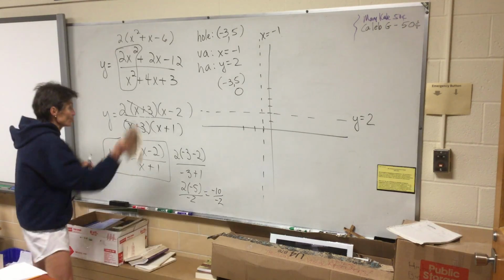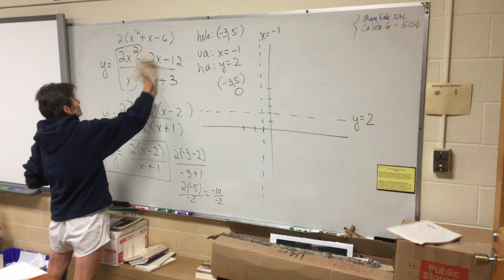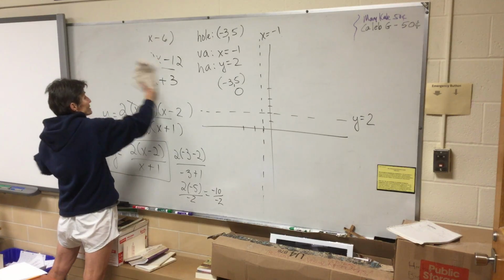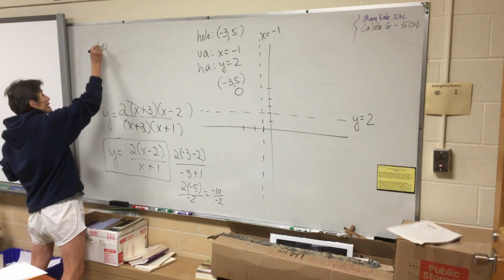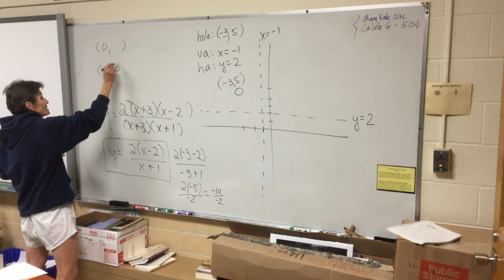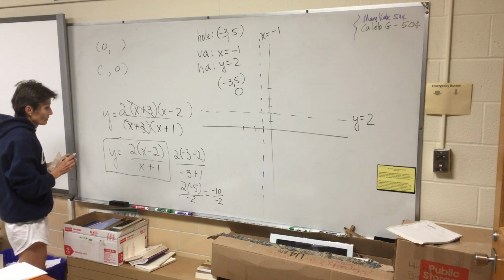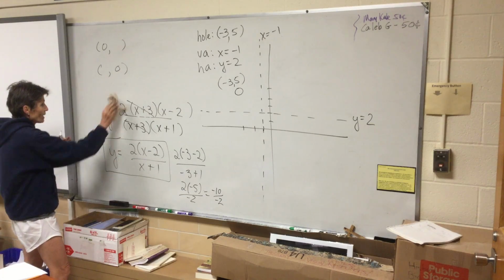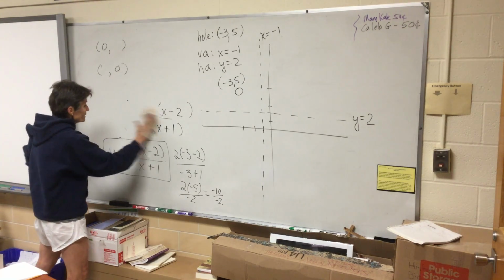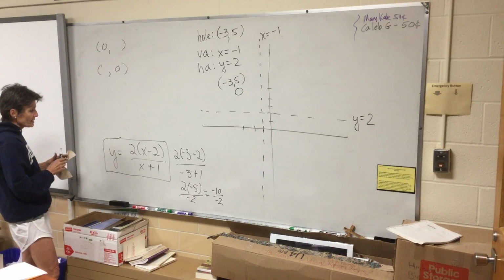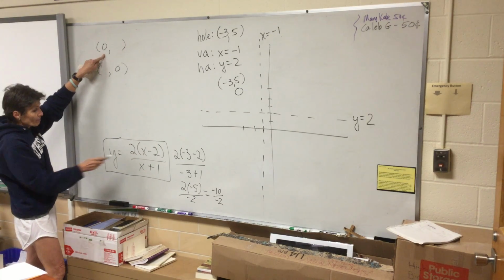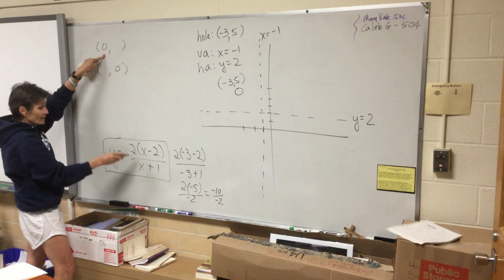Now my intercepts, I'm going to erase this right here. My intercepts are the points where I put in the zeros. So I use this equation right here. Don't need the original, don't want the original. And I'm going to start by putting in 0 in the x spot.